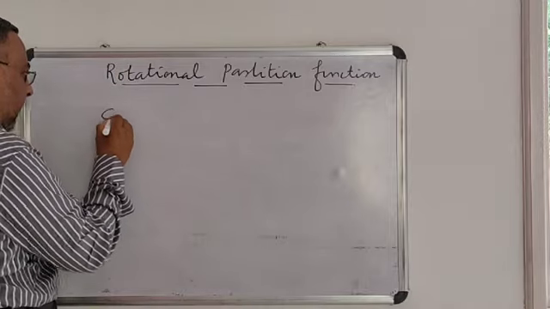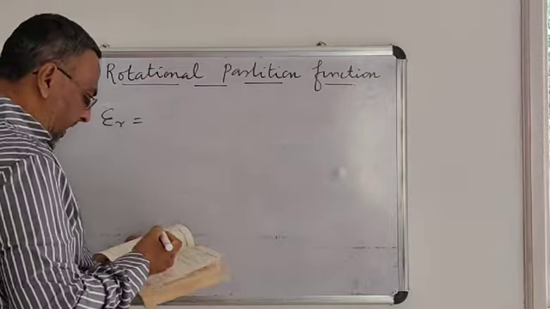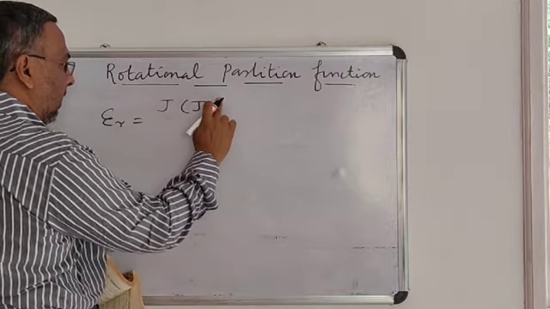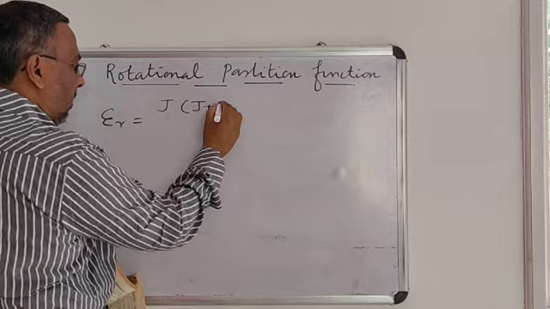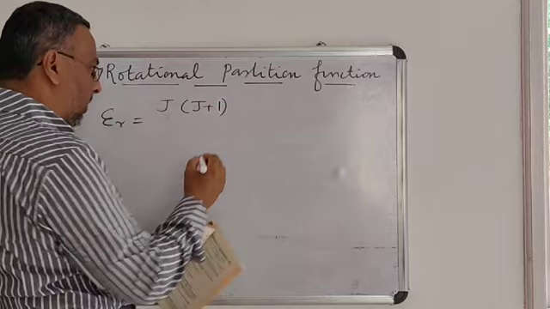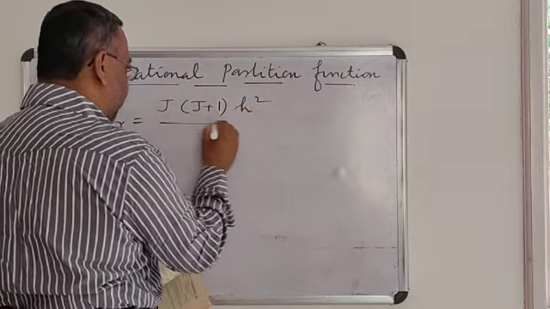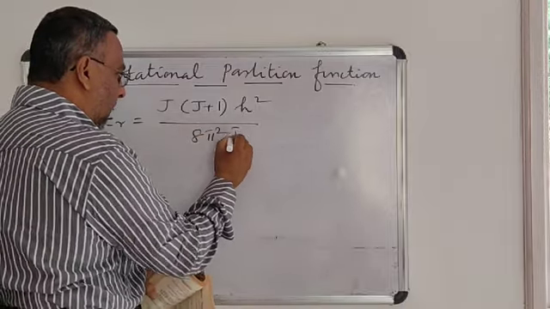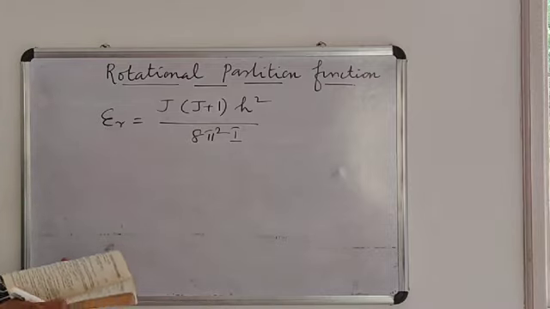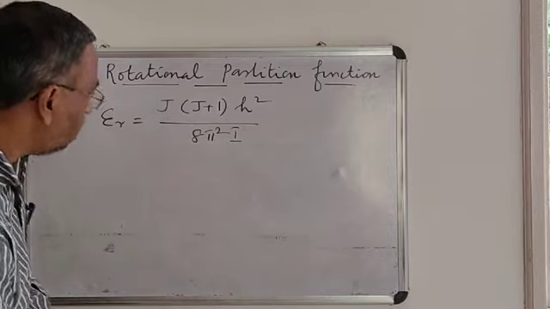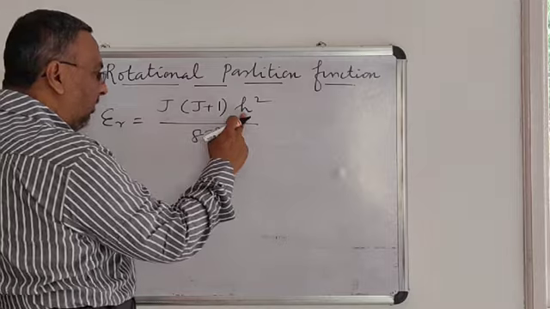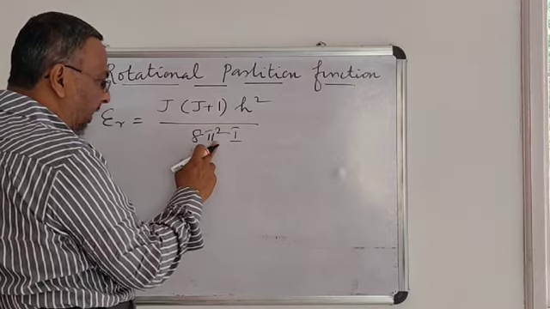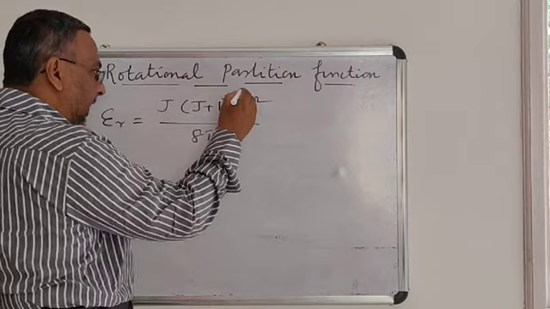Therefore, the rotational energy can be written as J into J plus 1 into h square divided by 8 pi square I. Here h is Planck's constant, pi is a constant, and I is the moment of inertia.